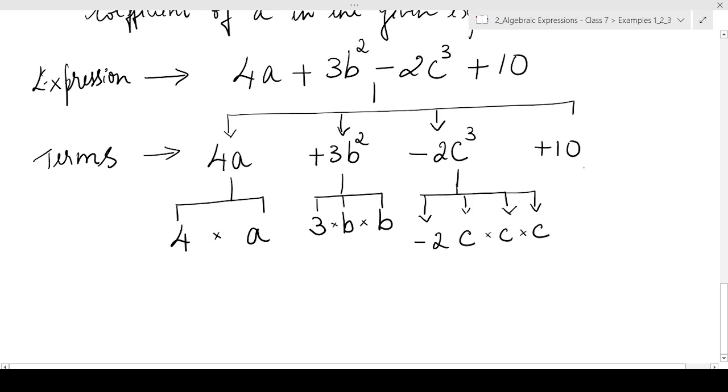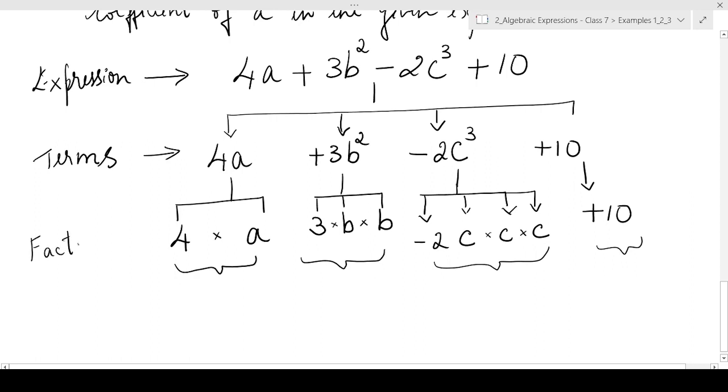And the last one is made up of only one factor, plus 10. All these are called the factors.